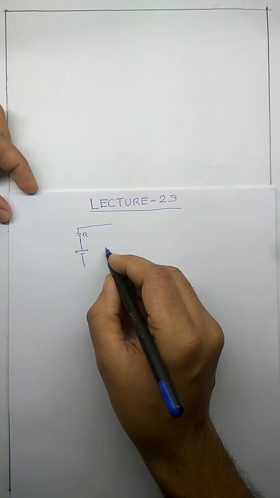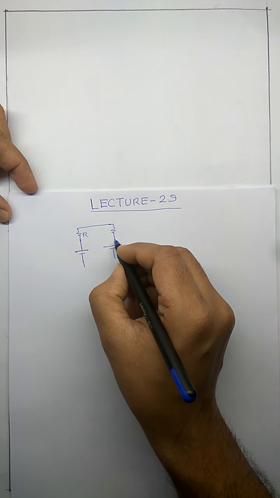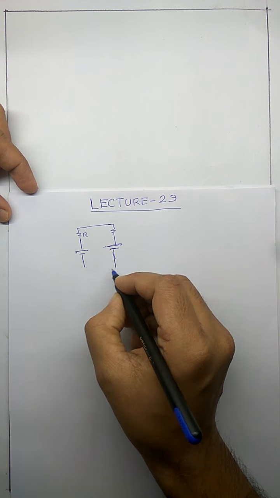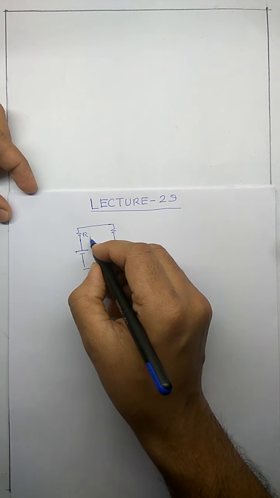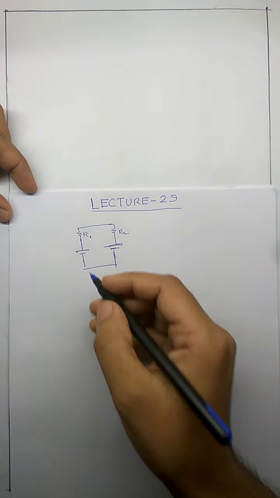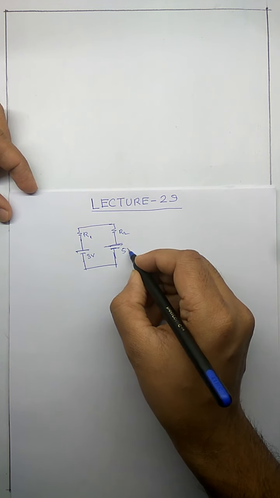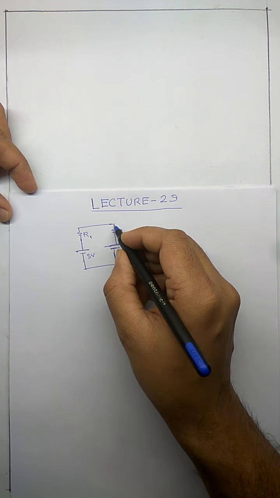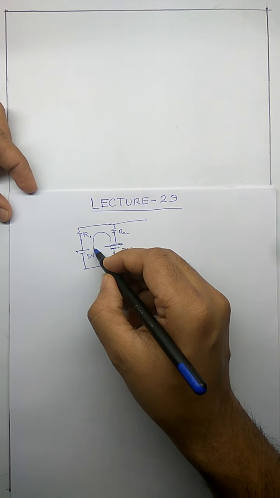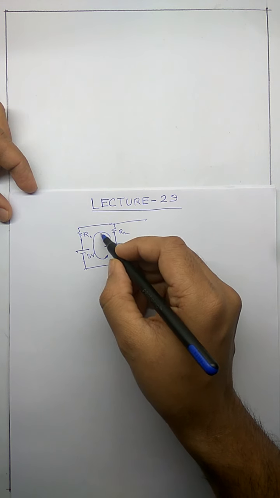It is connected in parallel with another DC source having an internal resistance of R2. Now if this is 3 volt and this is 5 volt, what will happen? A current will circulate from the 5 volt source to the 3 volt source.